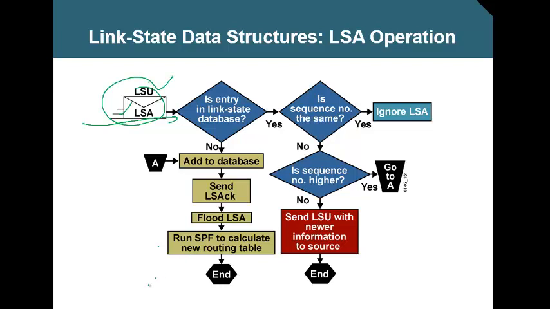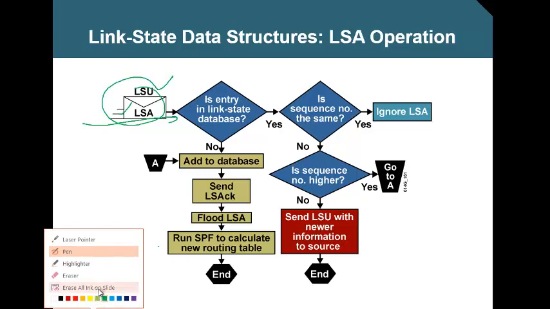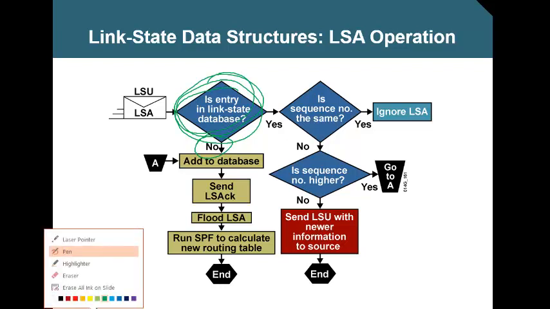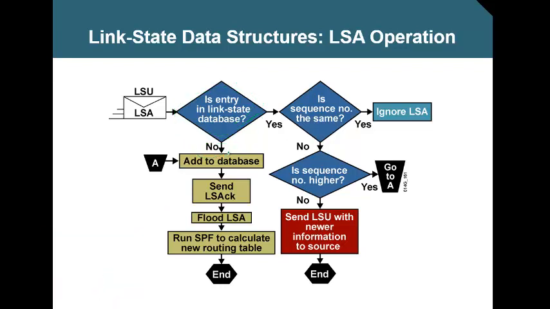LSA, LSU. Now when it is received on the router, it will first check, do I have a database with some entries? No, this is the first update I'm getting. Then what does it mean? I need to simply take it and add it to my database.